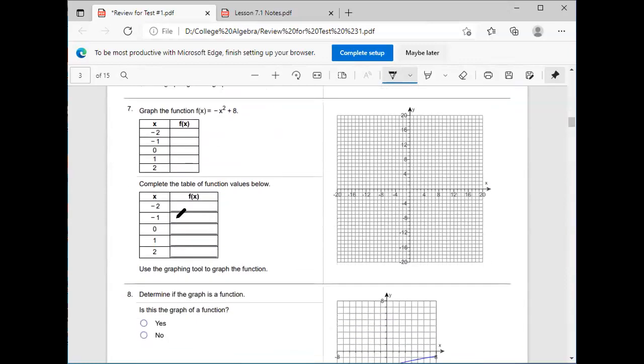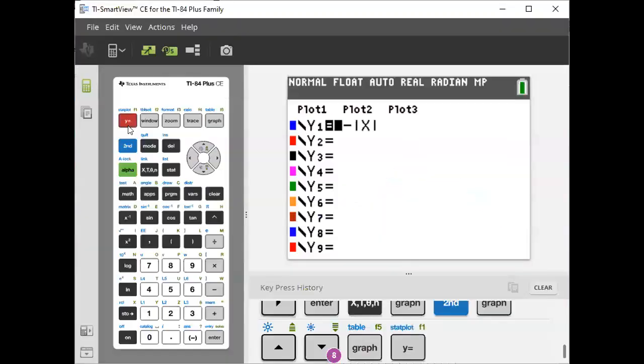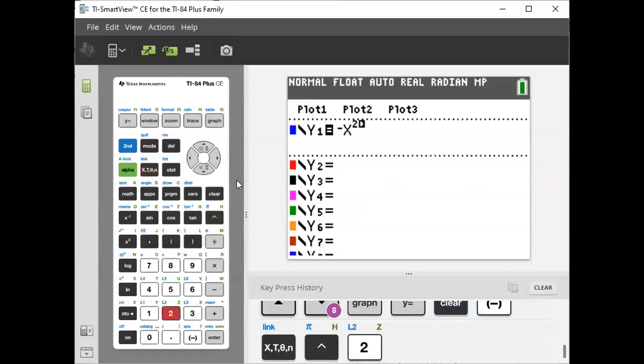Good question. Okay, so on this one, this is going to be a parabola. It makes a U. It's going to be upside down. So it's going to be important that we find that vertex. So -x squared plus 8.